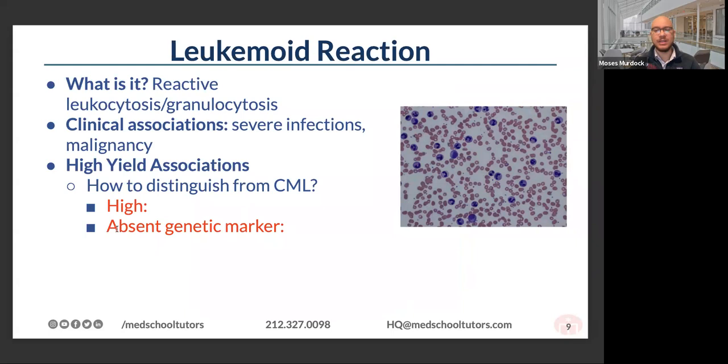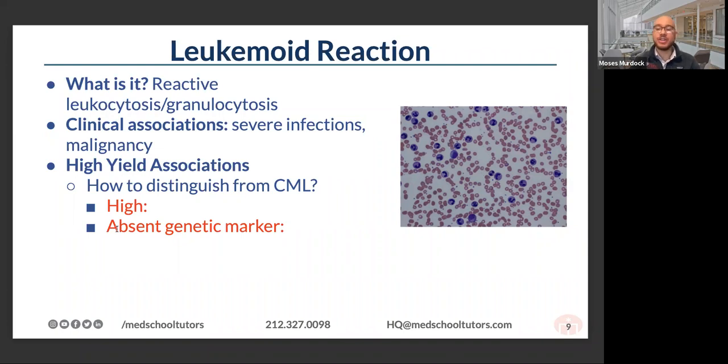Essentially what it means is the immune system is responding usually to a very severe infection, although sometimes you can see it in a malignancy, and you have a granulocytosis. Sometimes it's referred to as a left shift. In other words, the spectrum of cellular elements in the peripheral blood is shifted to granulocytes and early band forms. So excellent, excellent in the chat.